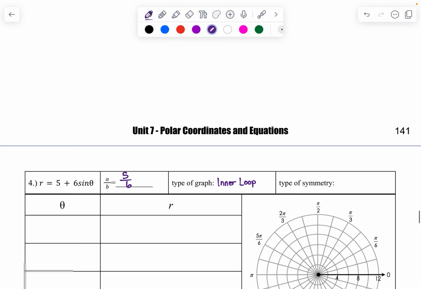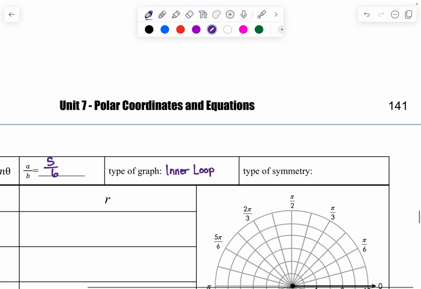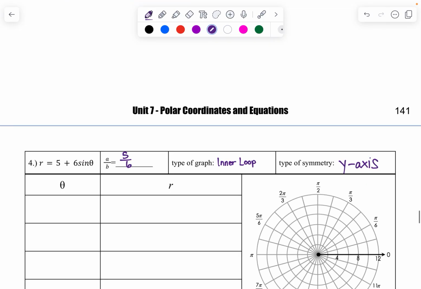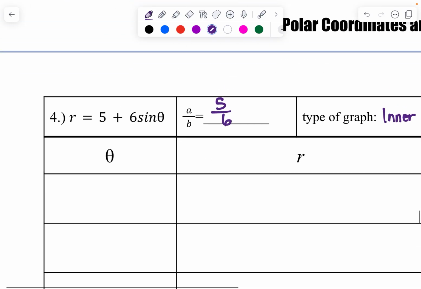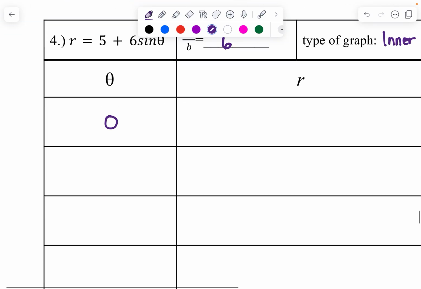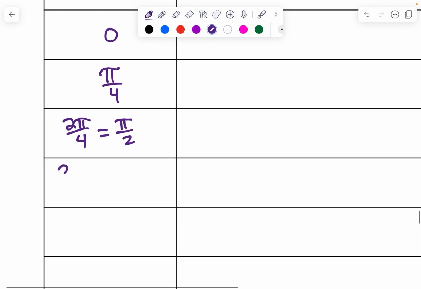Type of symmetry, well, because this one has sine of theta, we know it has y-axis symmetry. And we always go by pi fourths. So start at 0, count up by pi fourths. So pi over 4, then 2 pi over 4, which reduces to pi over 2. 3 pi over 4.